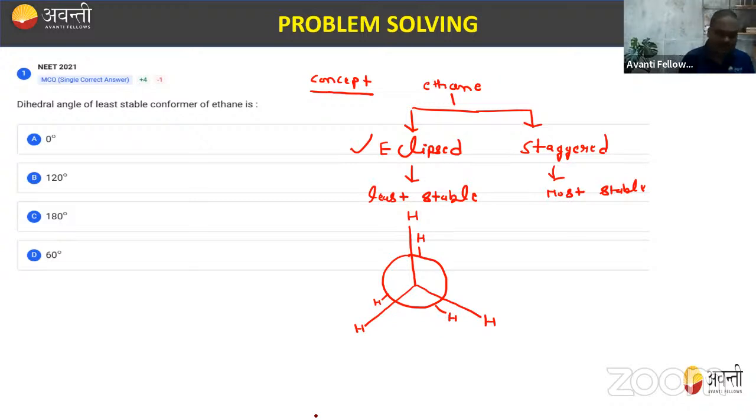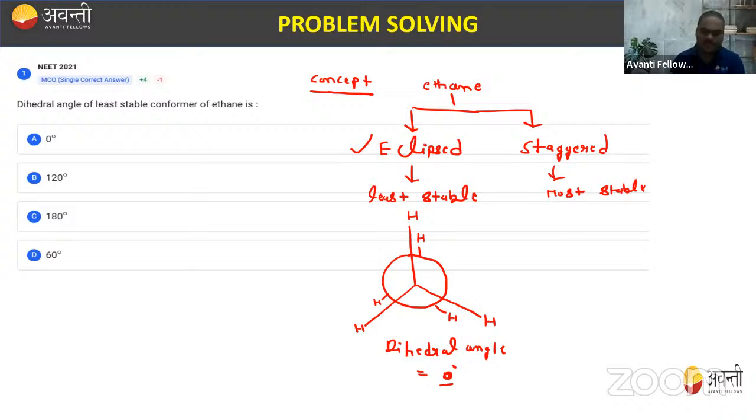So in eclipse form, dihedral angle is 0 degree. So we can say that there is no angle between these two, right? So the dihedral angle is 0 degree. कितना है? 0 degree. So here the dihedral angle is 0 degree.